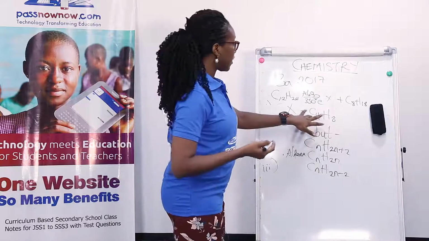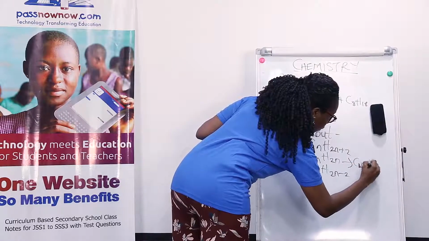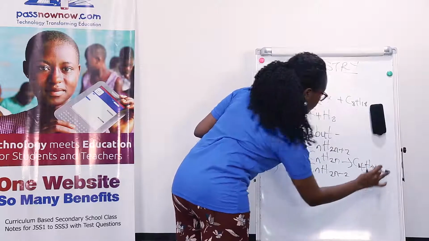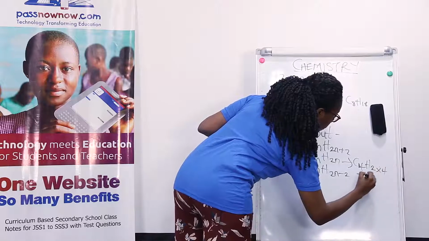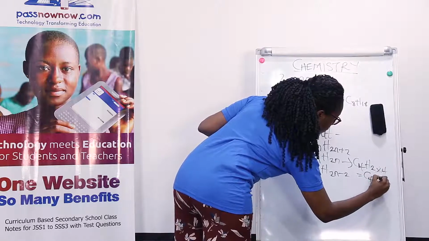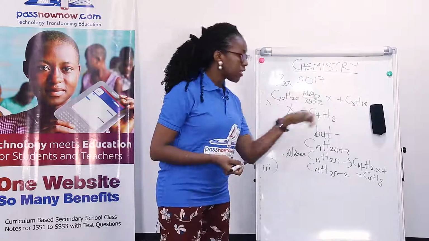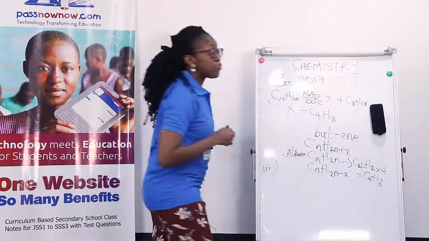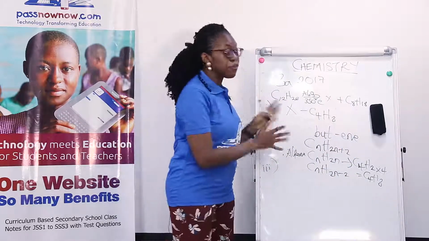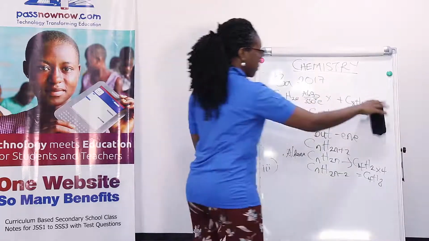Now, since we know carbon here is 4, from here, hence, our X is a butene. So now, with this taken care of, we can draw the isomers of X.